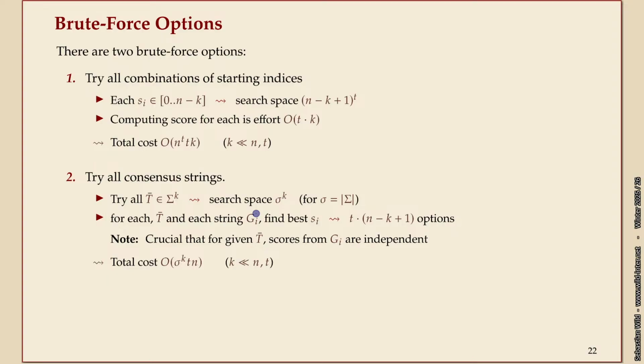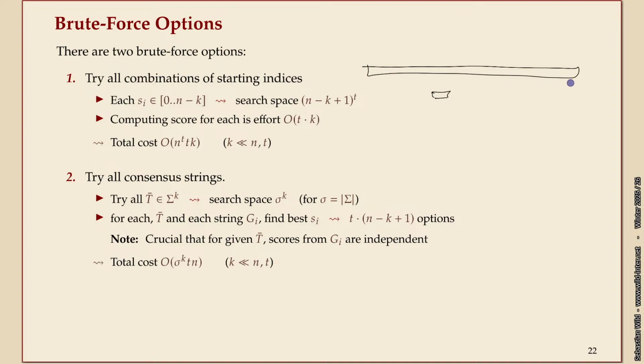We still have to find these starting positions. But that turns out to be a lot more manageable, because if you're given a certain consensus string and you have one of those GI, it is independent of what the other strings choose.